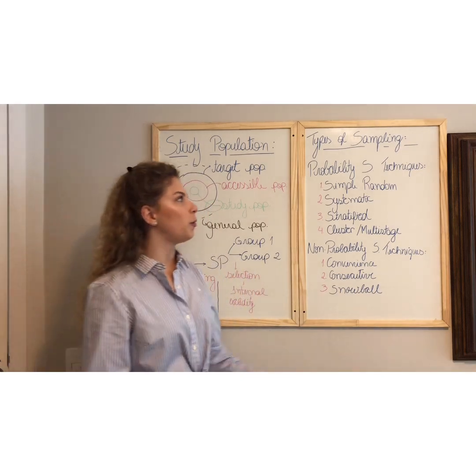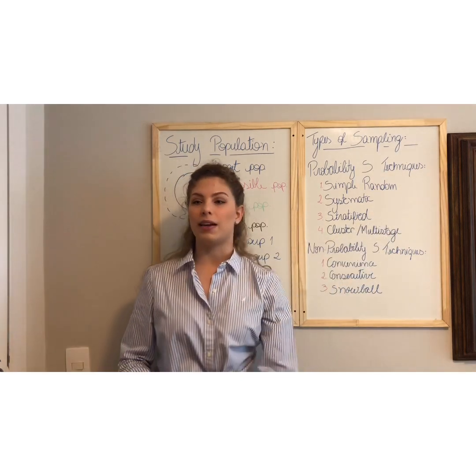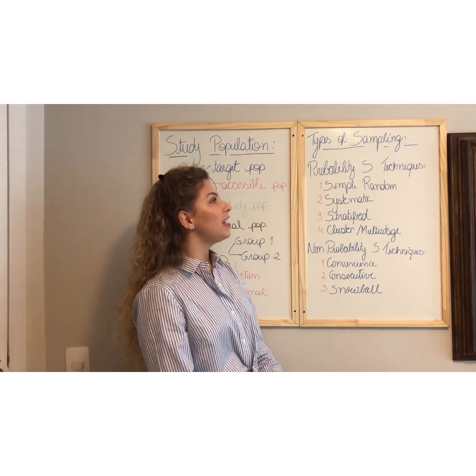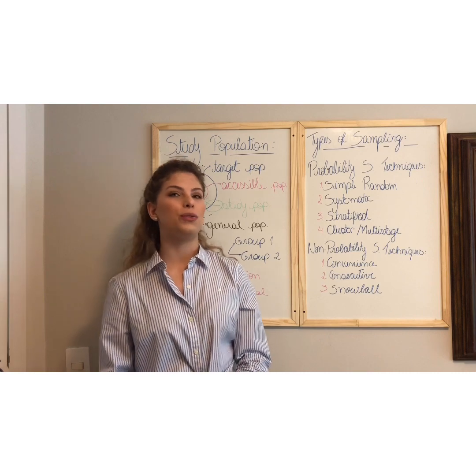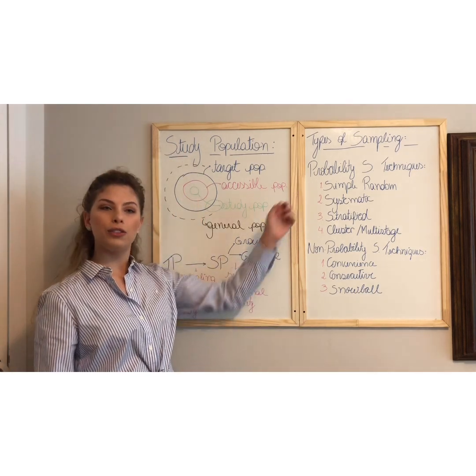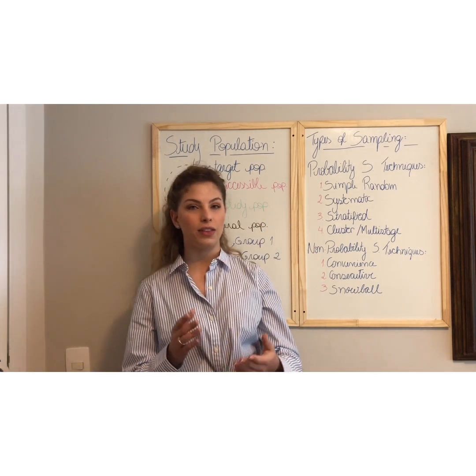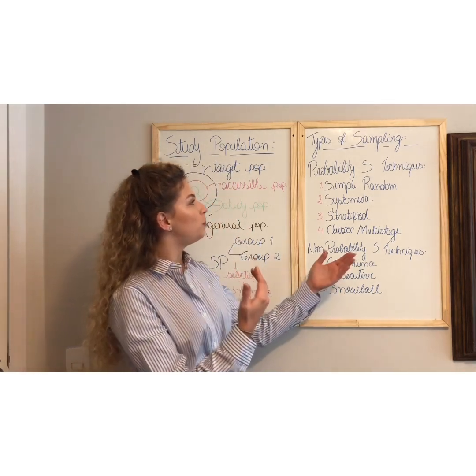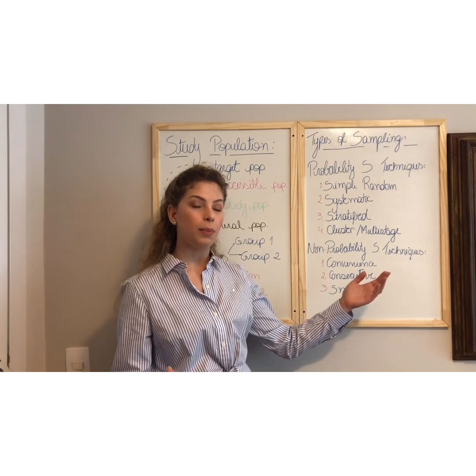What are they? In probability sampling techniques, as the name already defines, all individuals of my accessible population have the same chance, the same probability, of being chosen to be part of my study population.